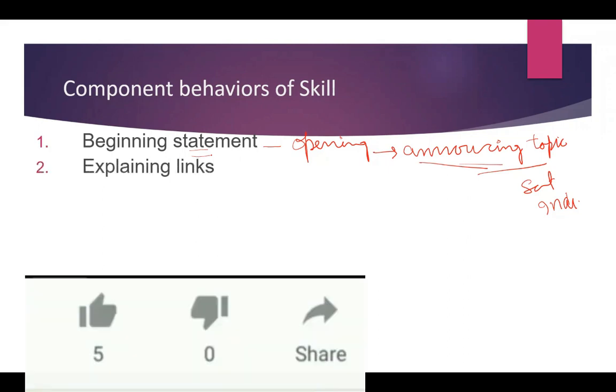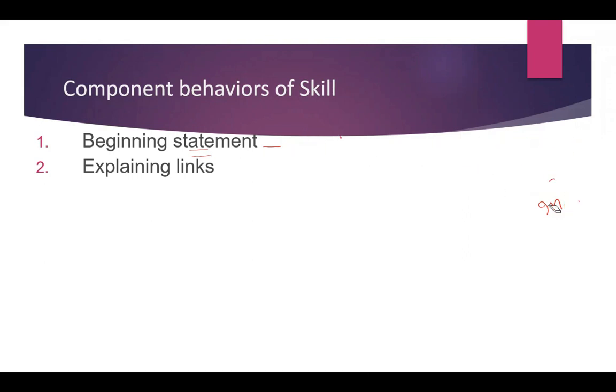The next is explaining links: how skillfully we use them. We use words like "so this concept is related to that," "therefore this may lead to this," "hence proved," as we use in mathematics, or "thus we can say this will lead to this."